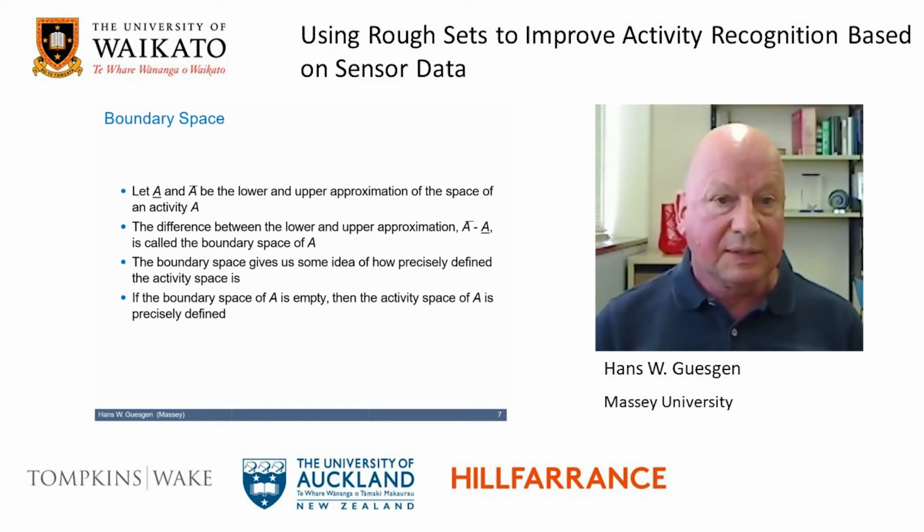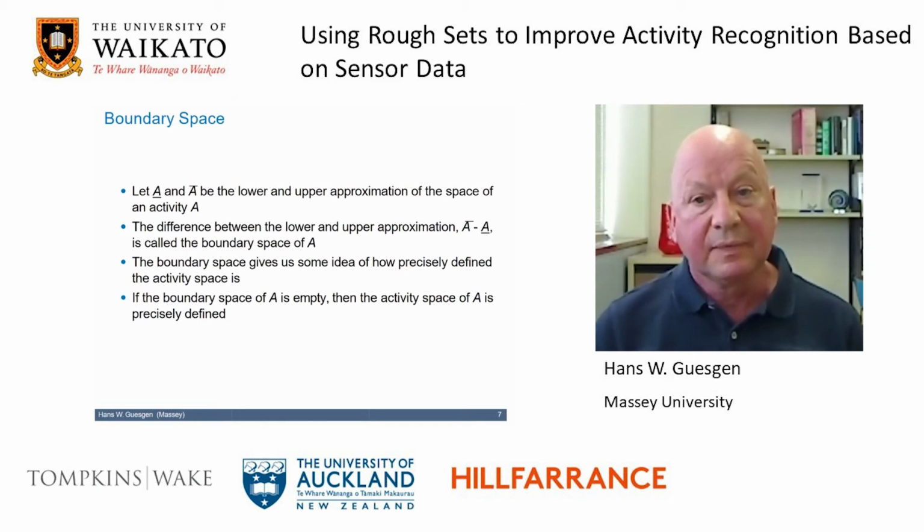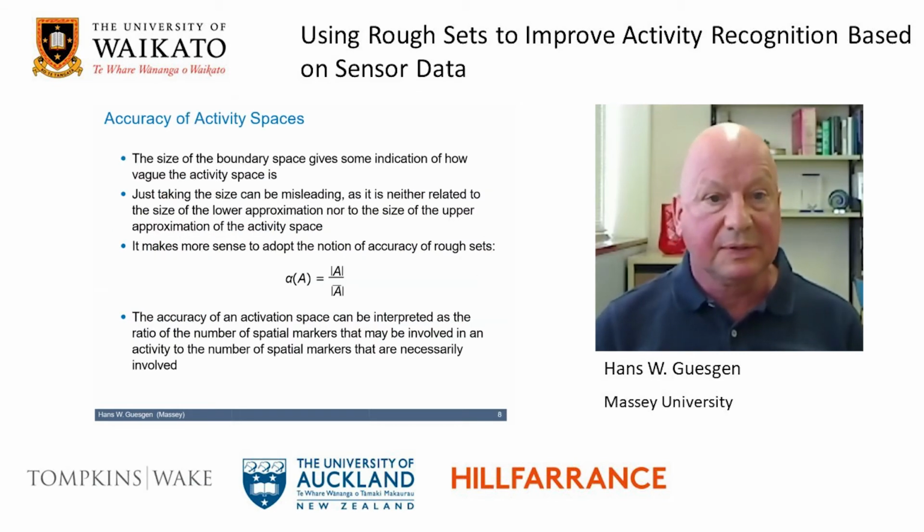Just looking at the size of the boundary space is not a fair comparison. So we have to normalize the boundary space somehow. And what we do is we look at a concept called accuracy of the activity space.